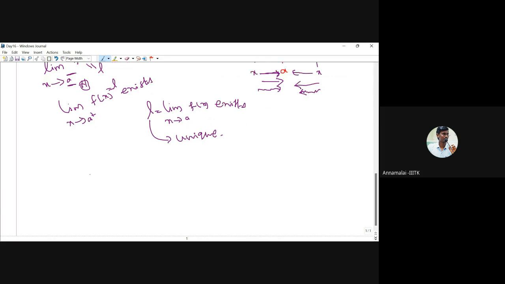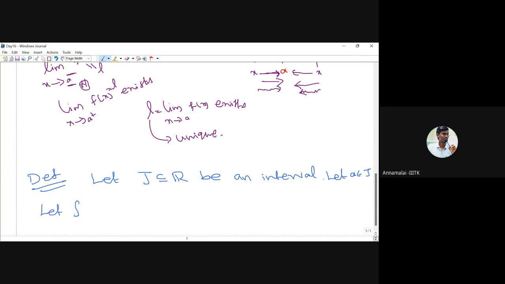Definition: let J be an interval, J a subset of R, and let A be an element of J. Let f be a function defined on J except possibly at A, to R, be a given function.